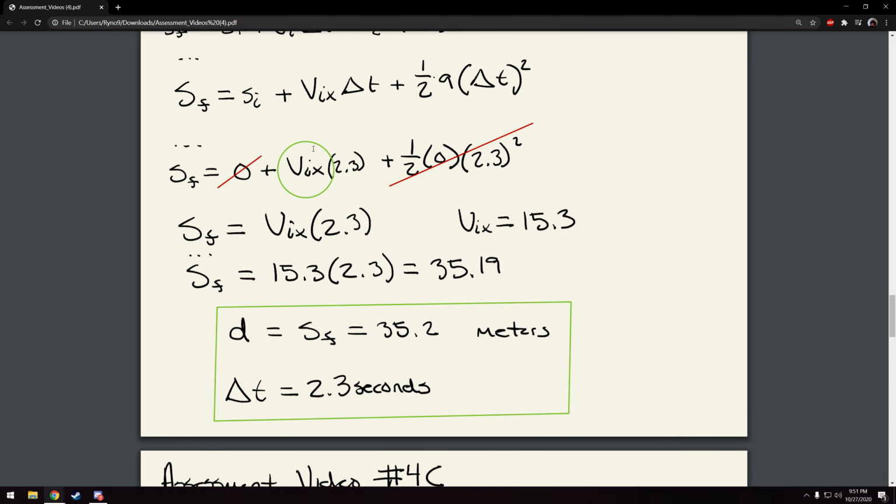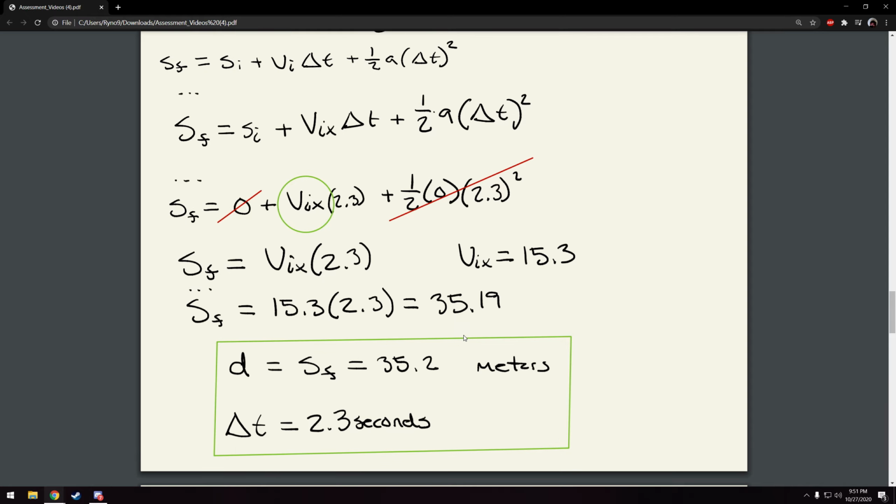And after we cross out the non-factors and simplify, we're left with position final, which is our distance that the ball travels, is equal to v initial x times 2.3. And our v initial x is 15.3. So S final is equal to 15.3 times 2.3, which is equal to 35.19 meters. And our final answer, or our distance, is equal to 35.2, 35.19 simplified, and our delta time is 2.3 seconds.